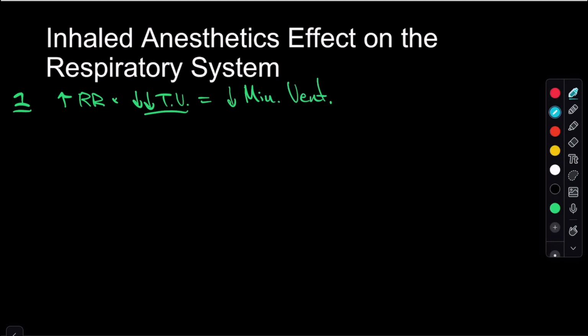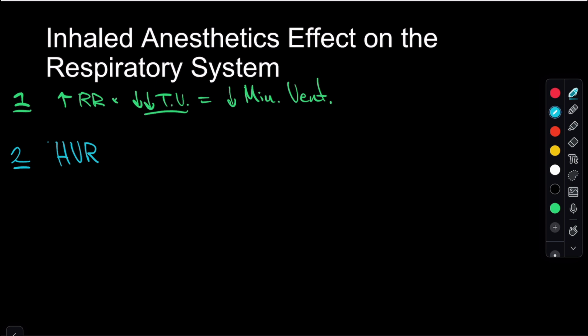The second large effect that you'll see from inhaled anesthetics on the respiratory system is going to be affecting respiratory drive. So inhaled anesthetics are going to nearly completely abolish the hypoxic ventilatory response.